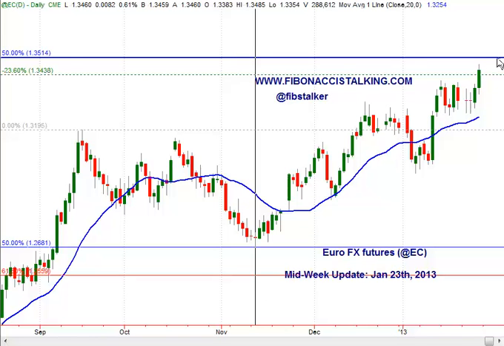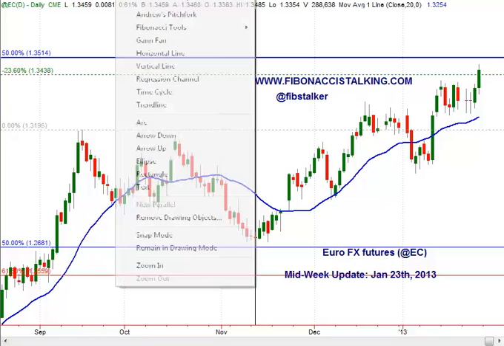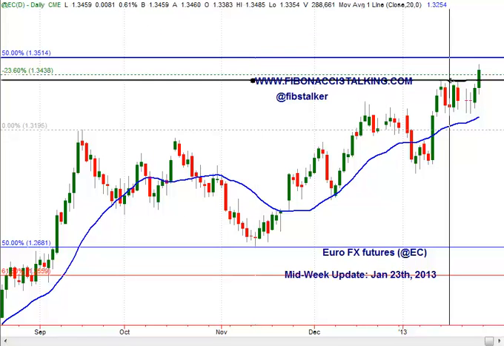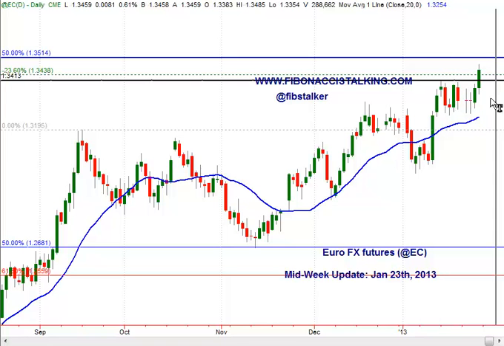Now we have a resistance in the 135 area. So I think we are going to get there, and we could see a small retracement, profit taking, but I don't believe price will get below 134.10. That's the previous highs.